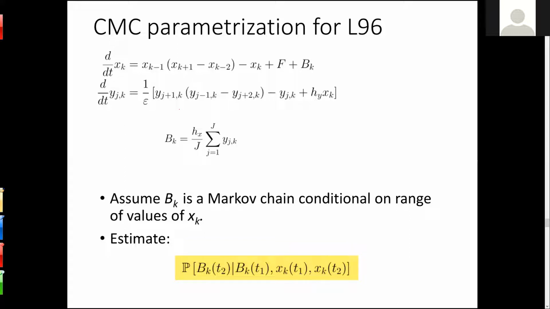So for a Markov chain to be determined, you must come up with estimates for the transition probabilities. It is called conditional Markov chain because the transition probabilities are not only dependent on the previous state of the subgrid term, but also on the state of the resolved variables xk.